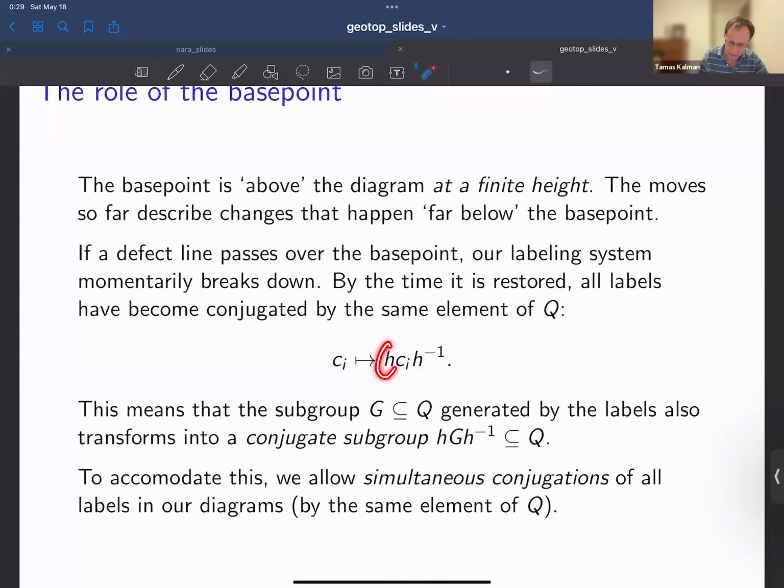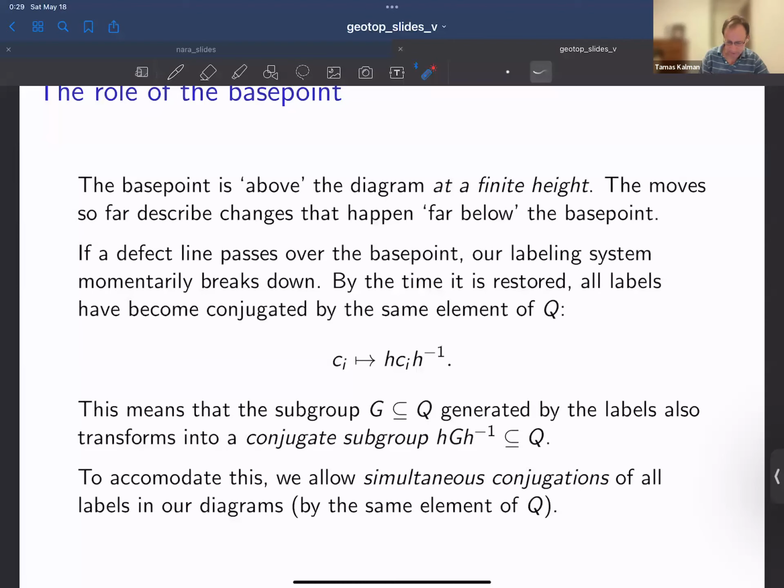And that's h, that loop. When the base point goes down, hooks one of the defect lines and comes back, that loop is h, and all labels get conjugated by this h in this instance.